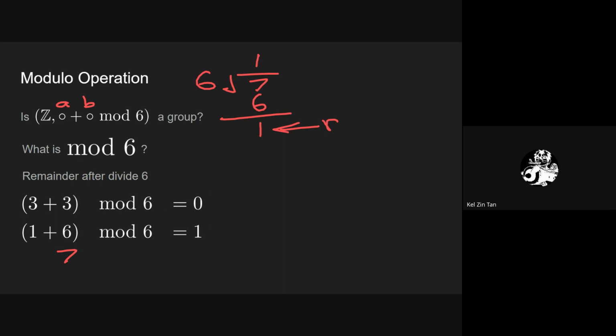So now I would like to make a poll and ask whether this is a group or not. Okay, 2 votes are saying that it is a group.